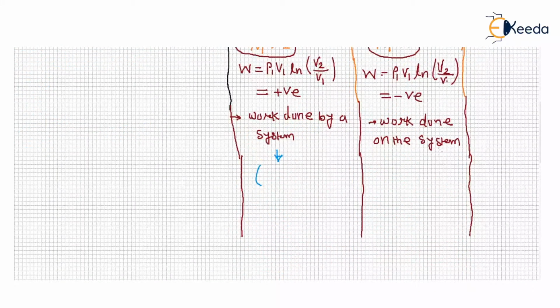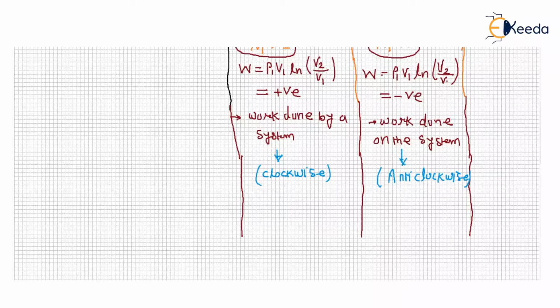So work done by the system is clockwise, work done on the system is anti-clockwise, right?